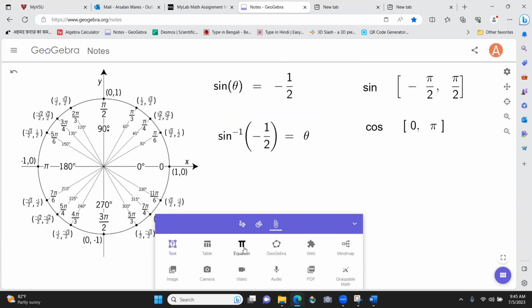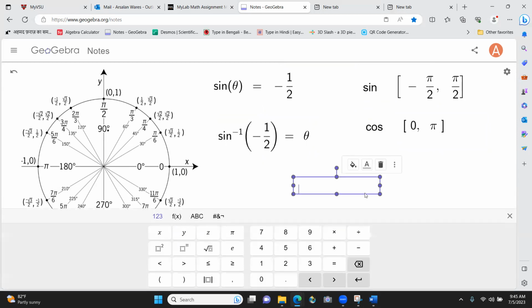They can ask me cosine theta is equal to, let's make it up, negative square root of 3 over 2. And these are all numbers that are coming from the unit circle.